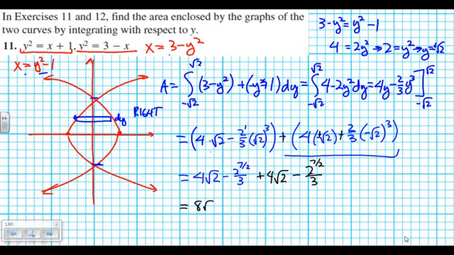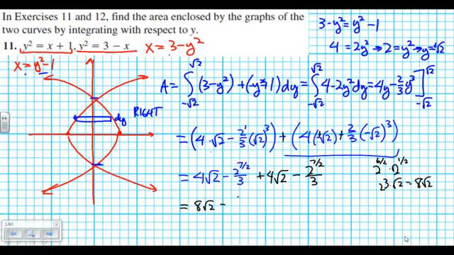Giving me 8 root 2, and just to do a little work here, 2 to the 7 halves is 2 to the 6 halves times 2 to the 1 half, or this is 2 cubed times the square root of 2, or 8 root 2.